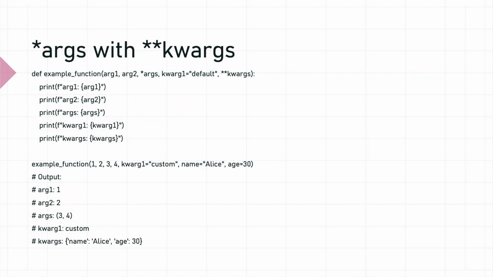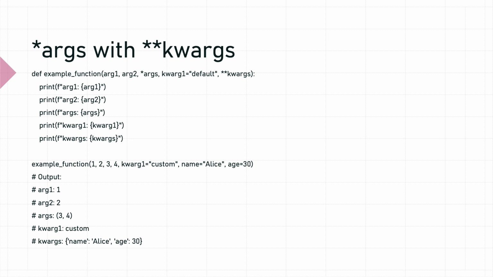Now, you can also use *args and **kwargs together in a function definition, but keep in mind that *args must appear before **kwargs. So we can mix and match them, but for this to work, you must organize the *args first before the **kwargs.